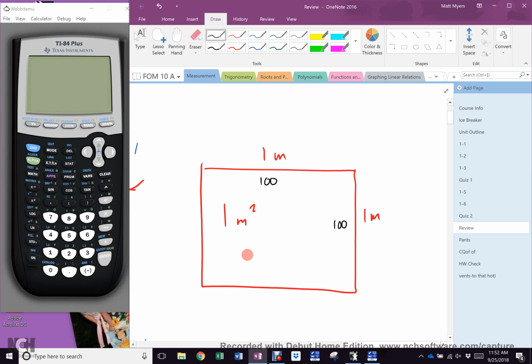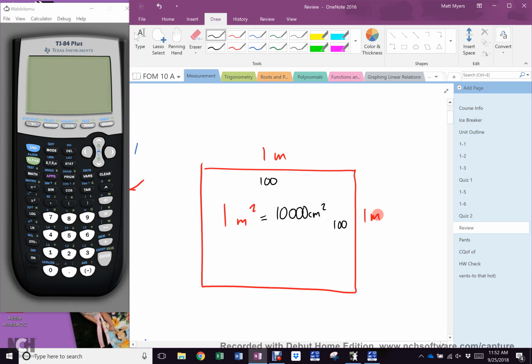How do you find the centimeter squared of this? Length times width. 100 times 100, which is 10,000. 1 meter squared equals 10,000 centimeters squared. Because I had to convert that and that.